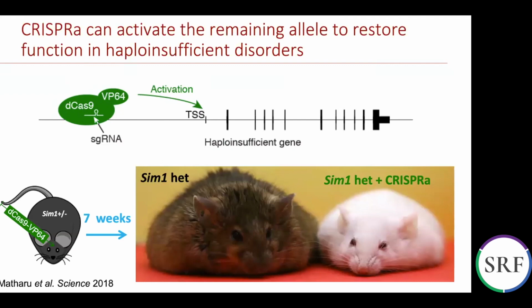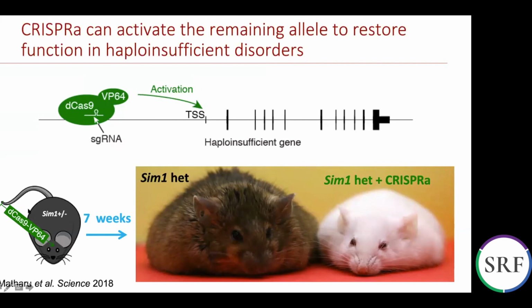So here's an example of this working in mice. The gene being targeted is SIM1. SIM1 causes developmental delay, mild developmental delay, but it also causes really quite dramatic obesity. So of these two mice here, the one on the left is missing one copy of SIM1 and has eaten itself into this very, very plump state.